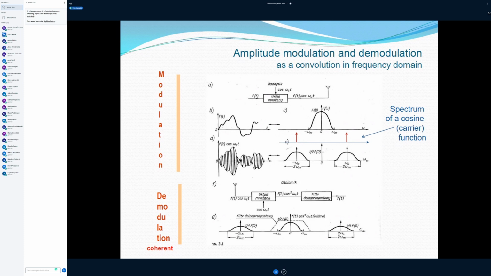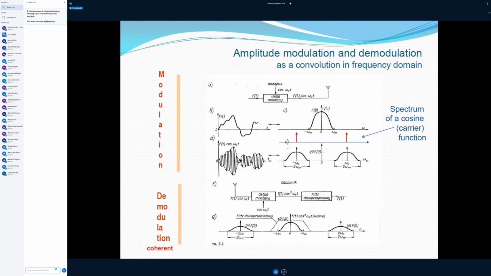However, in modern systems like Wi-Fi, we have more of those carrier functions. I will not go into details, but maybe I'll mention it later today.